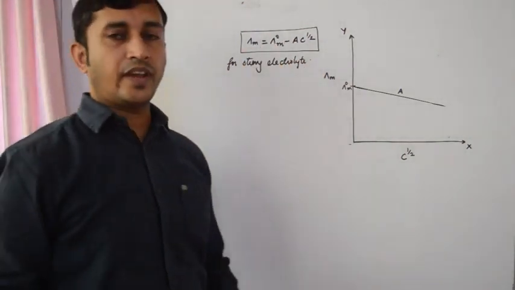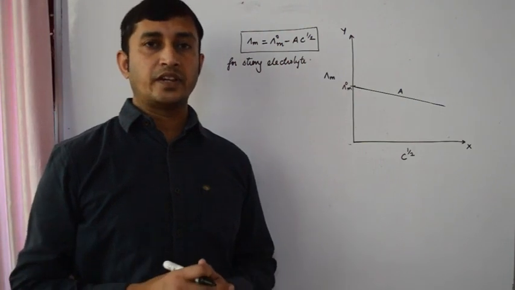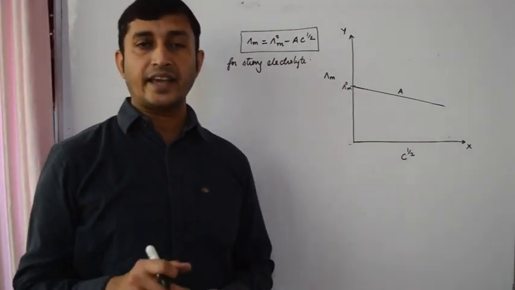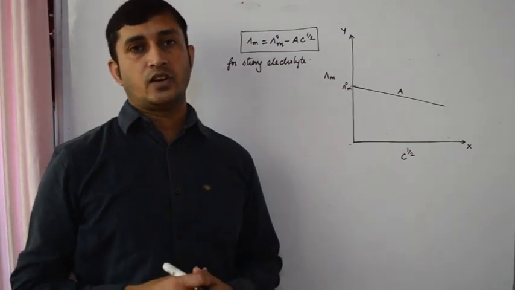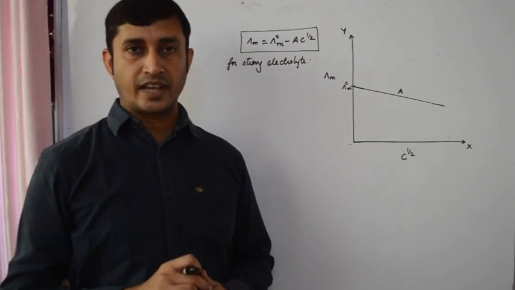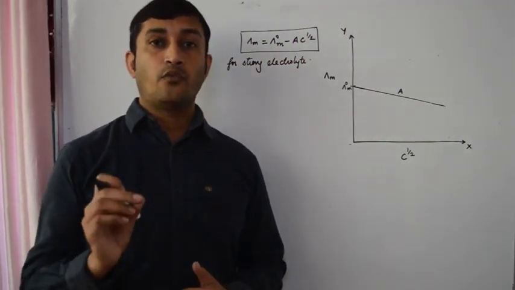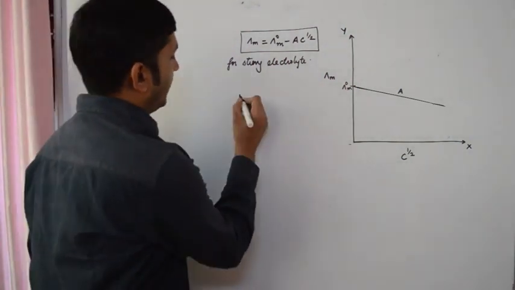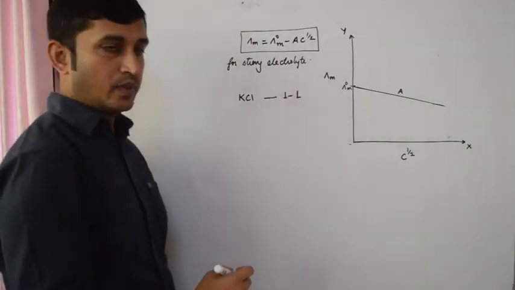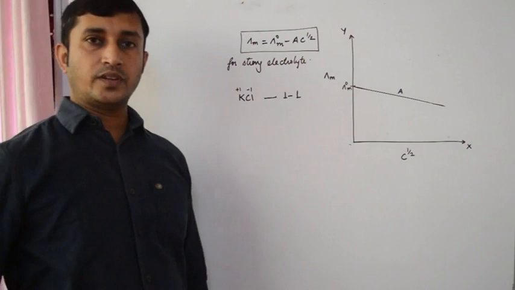Here the value of A depends upon the type of electrolyte. Type of electrolyte means it depends upon the charge present on the cation and anion of the electrolyte. For example, any electrolyte having +1 charge on the cation and -1 charge on the anion will come under 1,1 type. For example, KCl is of 1,1 type because the charge on the cation is +1 and on chloride is -1.